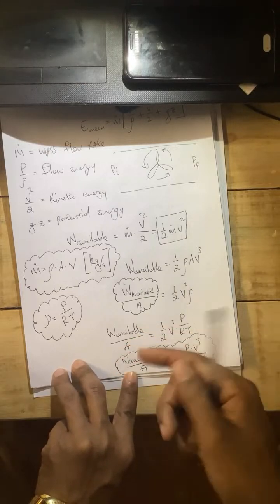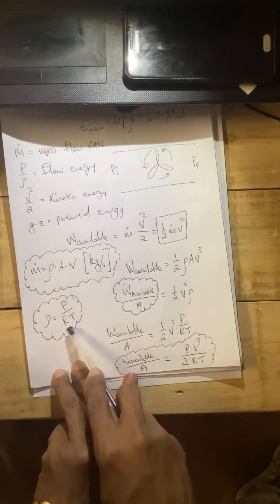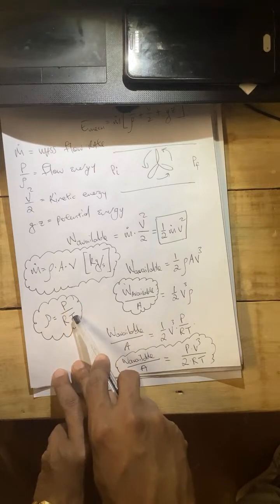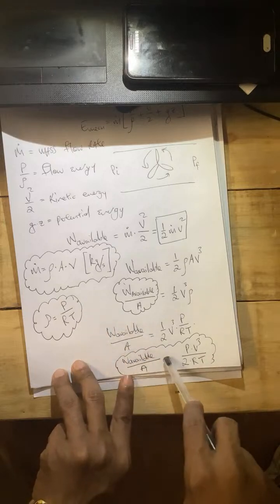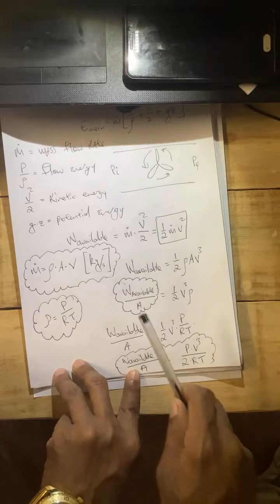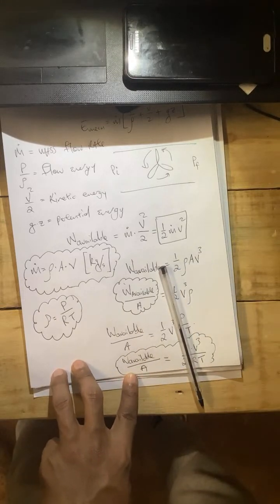Because what people don't realize is that this comes from your ideal gas law. But because it has a pressure and a temperature component, it can also play its way into the power density of a wind turbine. Imagine that. So that's where we will stop for now.